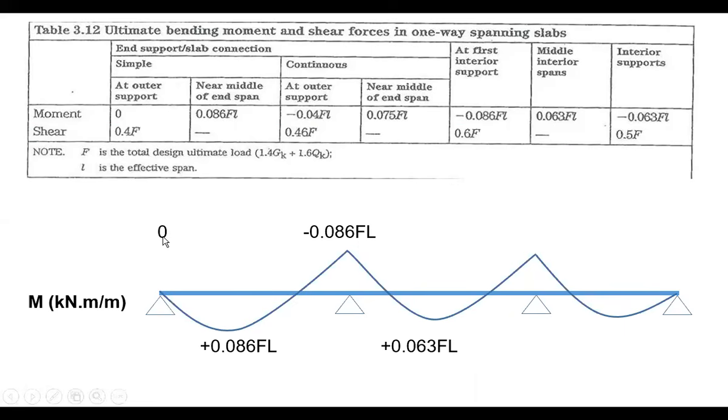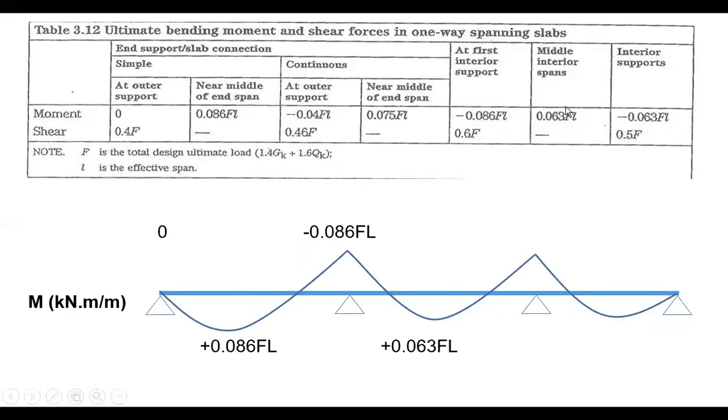Near the middle of the end span, the bending moment will be 0.086FL, and we'll see what this FL is later. For continuous, I will keep it for later. But let's go to the first interior support, which is this one. How much is the bending moment? It will be a negative moment here, and the value will be minus 0.086FL.